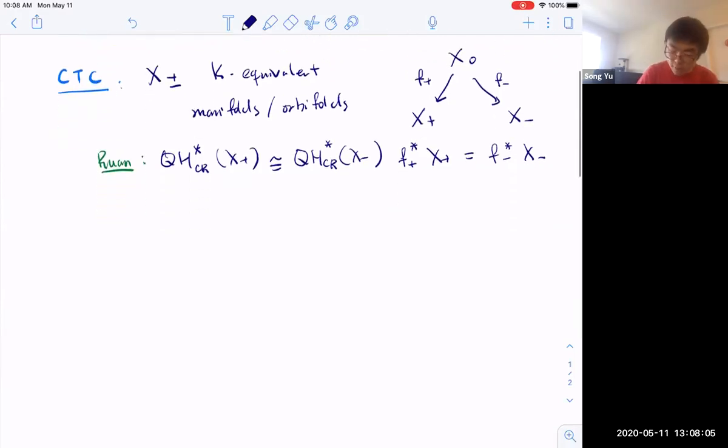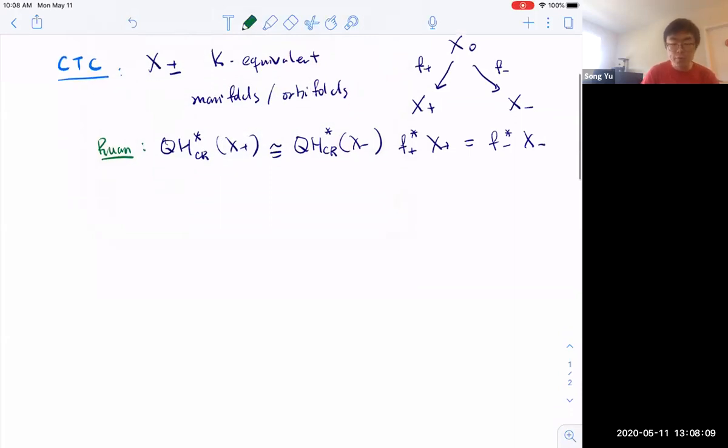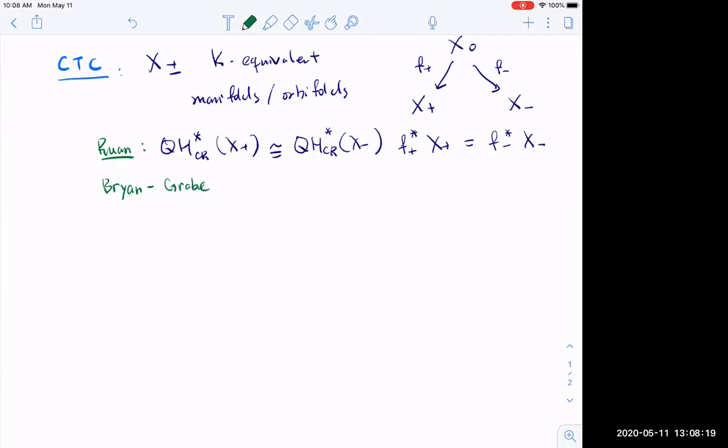And this has been reformulated in several different ways. One of the ways that received the most success is by Bryan and Graber, in terms of Gromov-Witten theory.